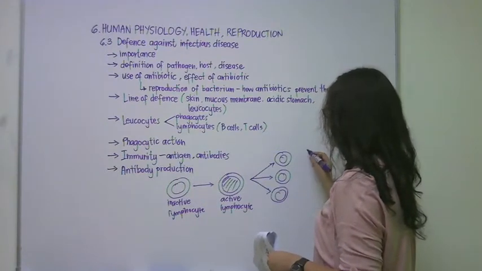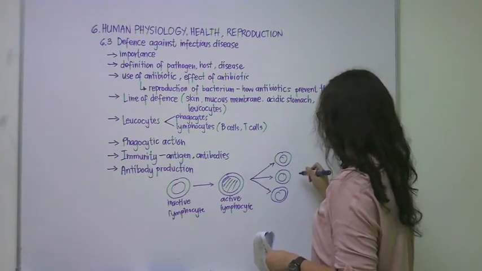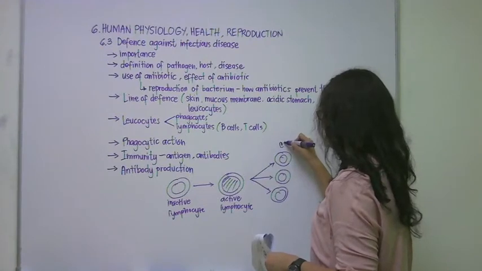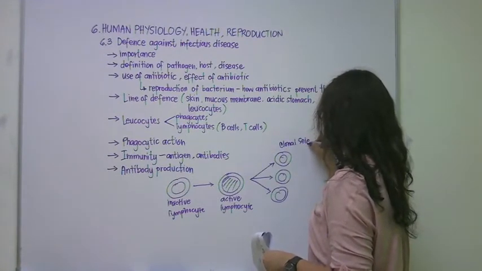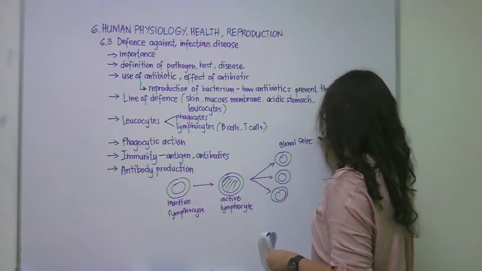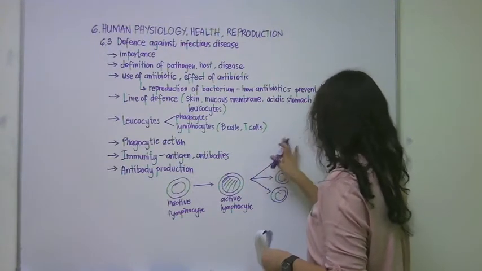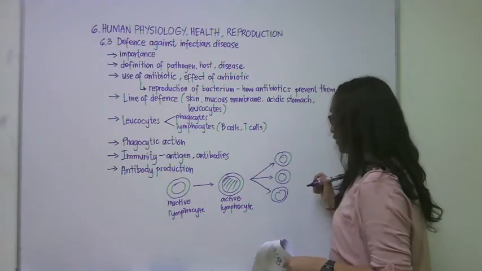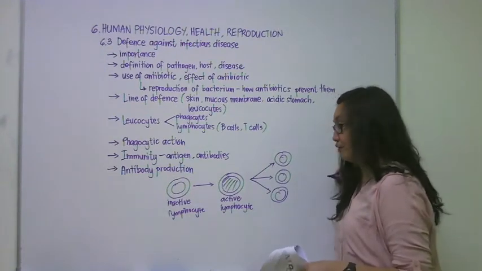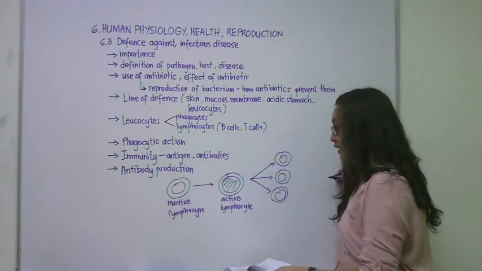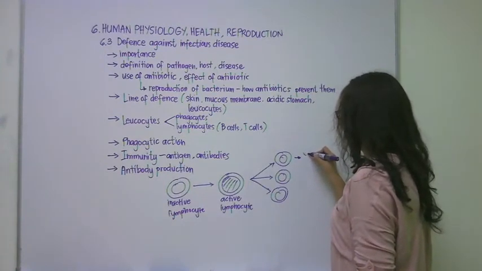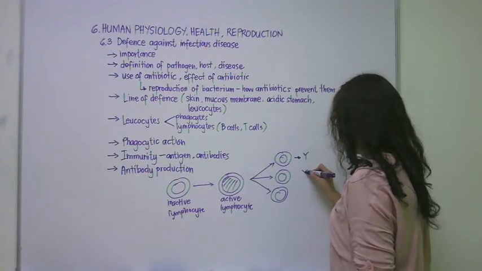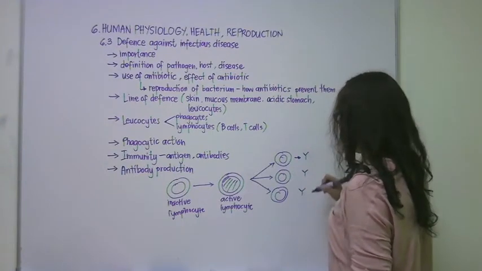We call this repeated cell division clonal selection, wherein it produces a lot of plasma cells, or a lot of clones of the original active lymphocyte, which will later produce the antibodies, which are Y shaped.